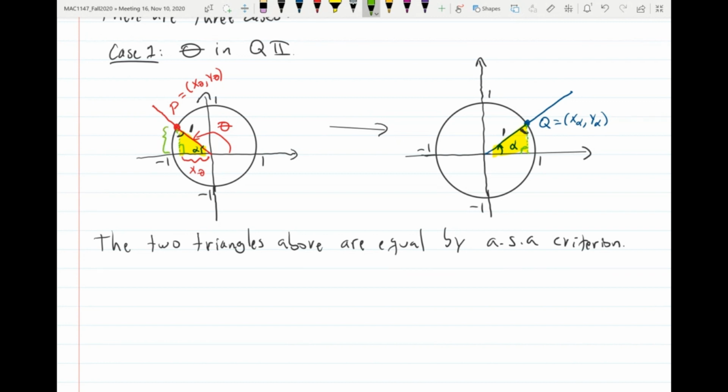That's the one that is opposing alpha. That's going to be exactly y theta. Can everybody see this? You understand this? The coordinates of the point P tell you the length of both of those sides. X theta, and then the y value is y theta. Is this okay?